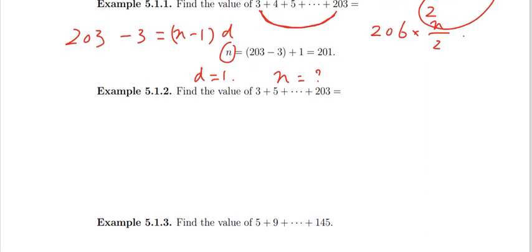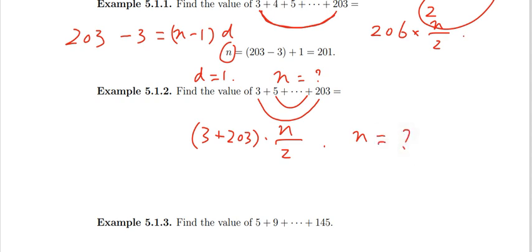Now for this one, I did this plus this: 3 plus 203. Then how many terms? n over 2 terms, right? So what is n? We need to find it this way: 203 minus 3 equals (n minus 1)d.